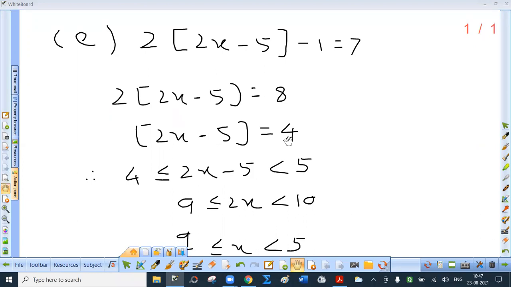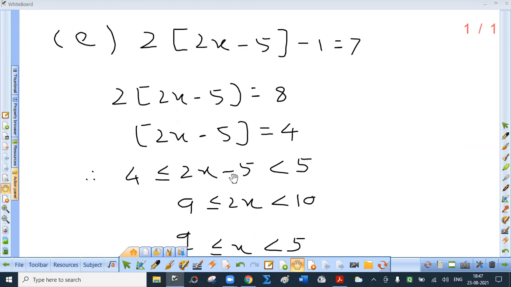It is not 4, it is 5 only. That is why the value cannot be 5, but it can be 4.9, because the step value of 4.9 is 4, the nearest integer to the left. You have to remember this. And that is why I have written 4 less than or equal to 2x minus 5 less than 5.